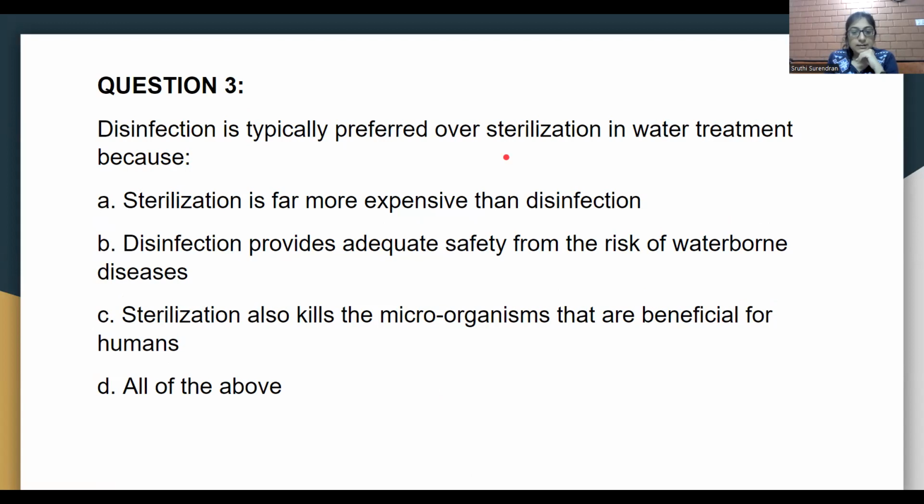Is it because sterilization is a far more expensive process than disinfection, or is it because disinfection is providing more safety from the risk of waterborne diseases, or is it because it is killing all the microorganisms that are even useful to humans, or is it all of the above?